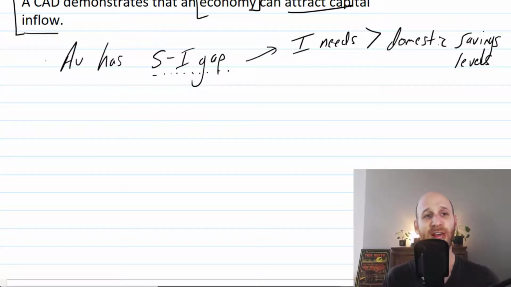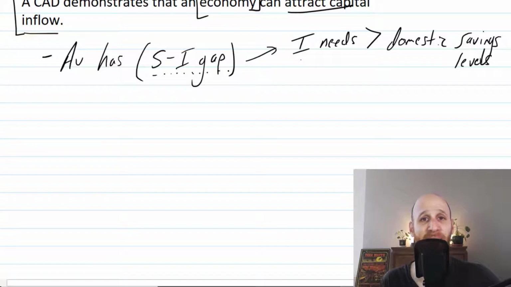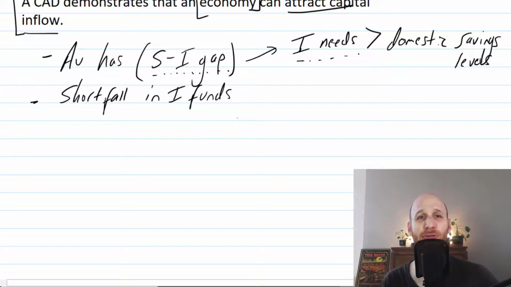The place to start is that Australia has a savings investment gap, an SI gap. And what that means is that Australia's investment needs exceed, this is the greater than symbol, Australia's domestic savings level. So Australia faces a shortfall in investment funds, and those funds could be used for all sorts of really important projects.